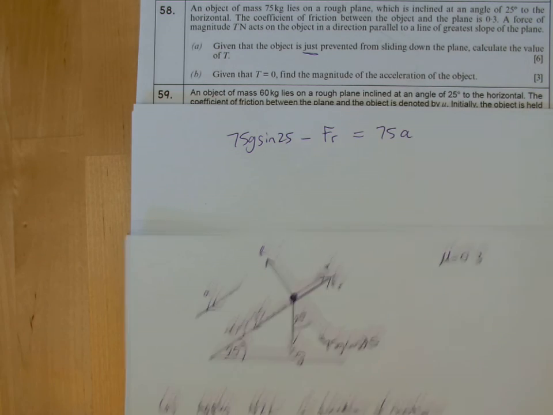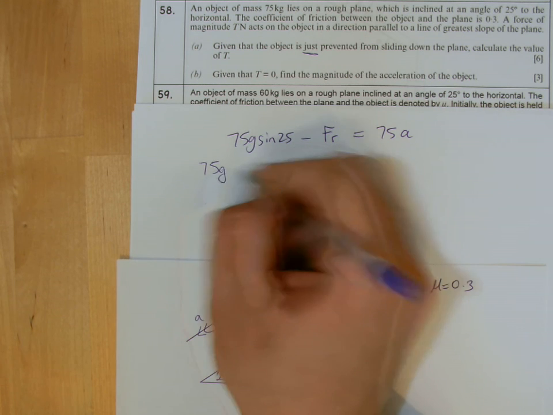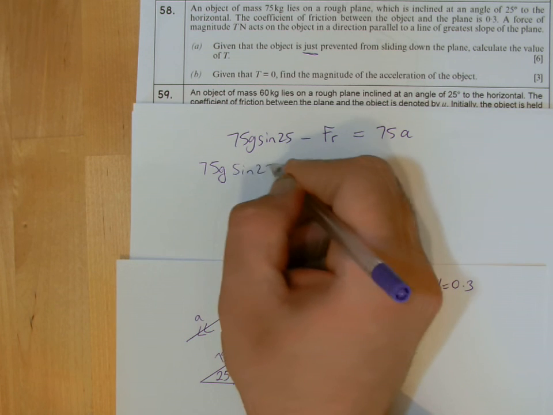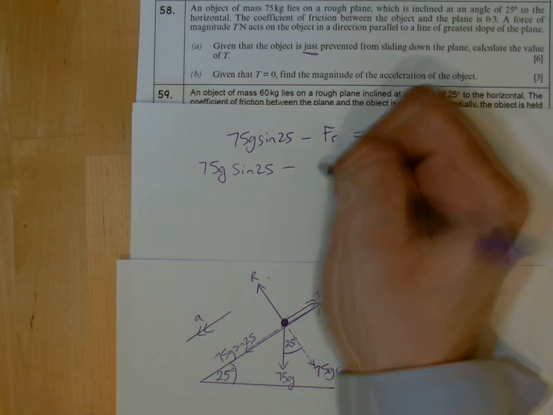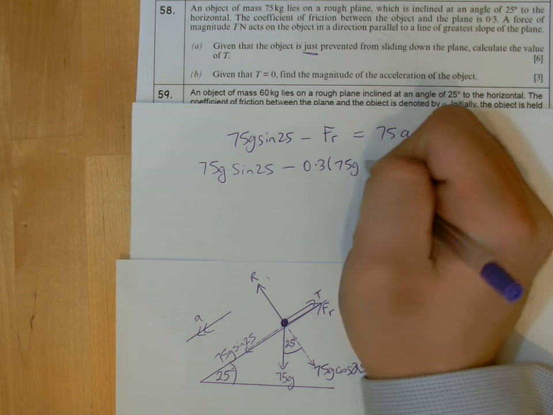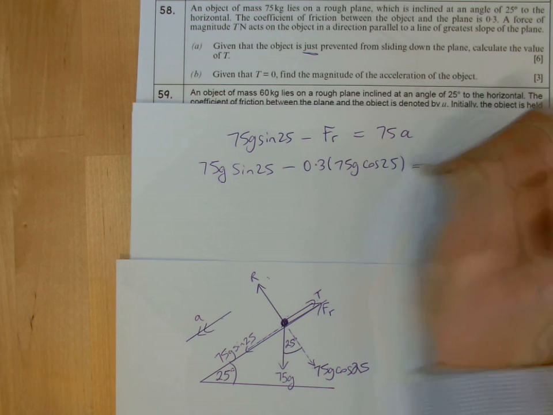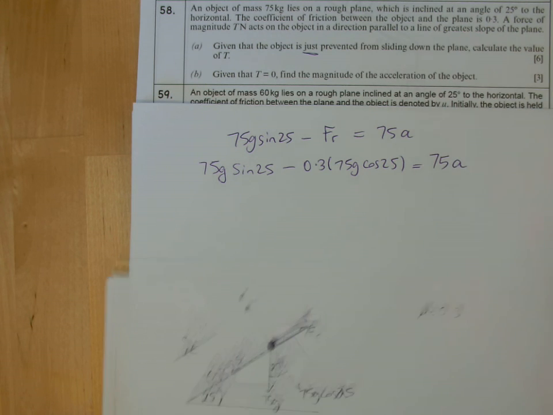So it's just a case of substituting in. You notice now there's no T because that's taken away from us. Friction, which I had earlier, was 0.3 times 75g cos 25, and that will equal 75, the mass, times the acceleration.